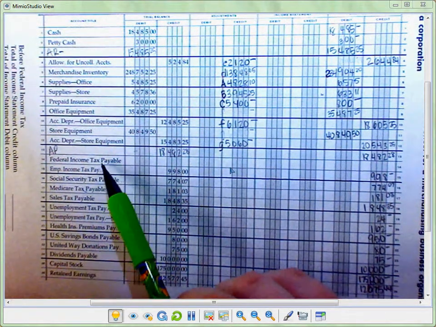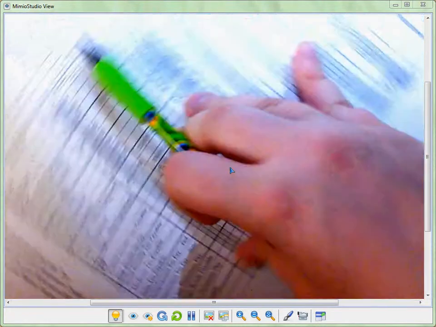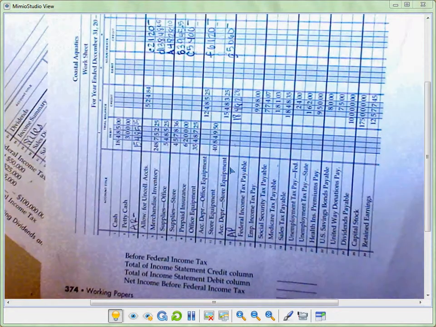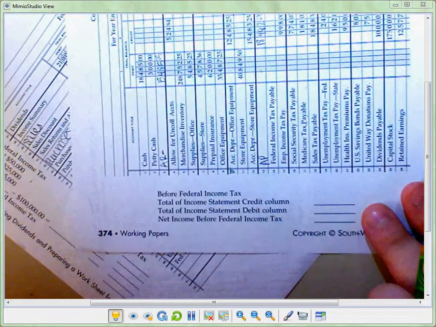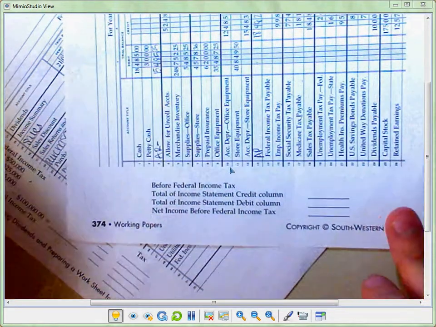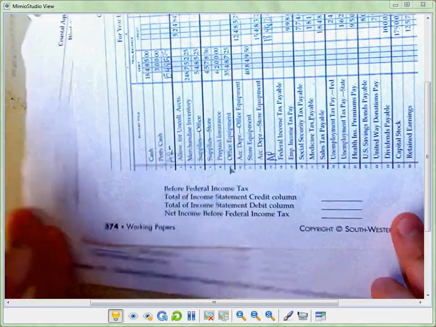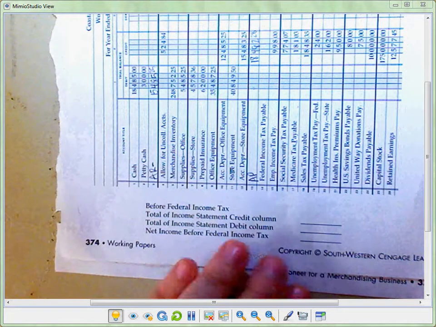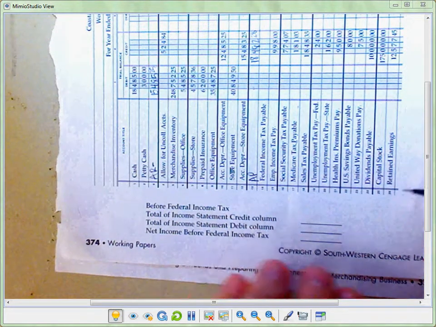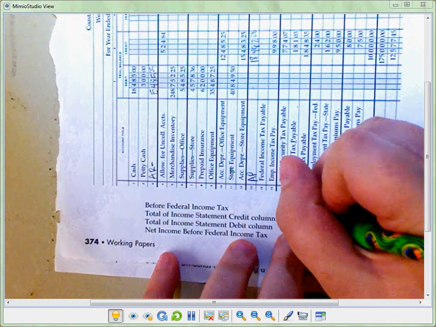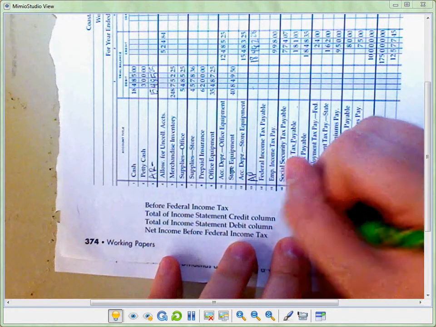So when you do this on your own, because we don't have everything done yet, you're going to have to total them up. For time's sake, I'm just going to tell you what the totals are. You would have to add up the columns as if you were going to put the totals on the bottom.